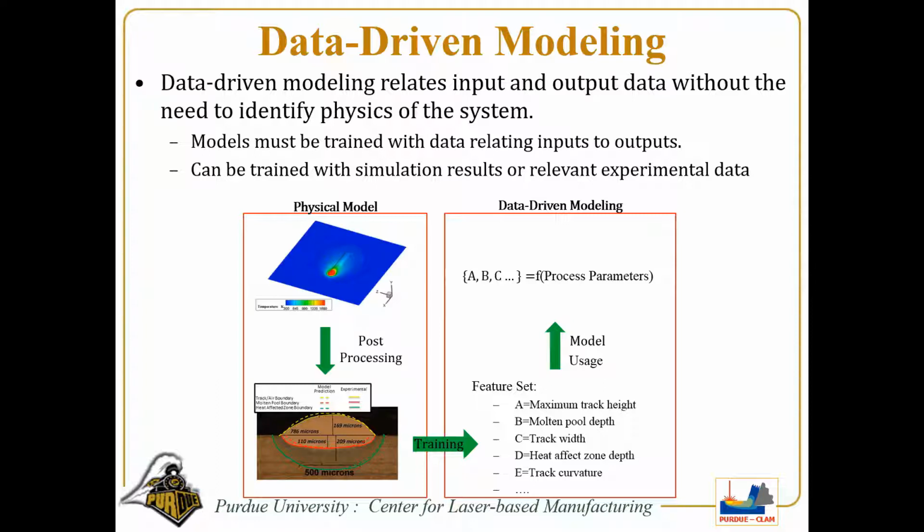You want to capture the relationship between input and output without the need to identify the exact physics. Basically, if you have enough data, we should be able to capture that information. Once you capture this information in the data-driven model, you can make a decision very quickly, on a real-time basis. You can tell if it's right or wrong. So this is what's working behind the scenes for almost everything that we are using these days.